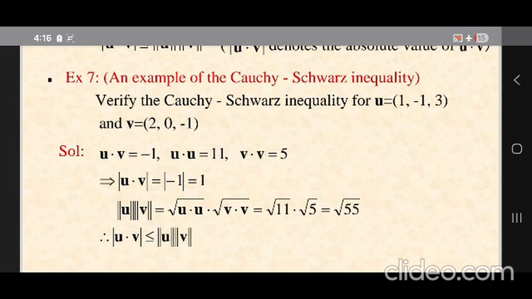Norm u is the root of u dot u, and norm v is the root of v dot v. Substituting the values, the answer is root 55. Then in the Cauchy-Schwarz inequality, the modulus of u dot v is 1, and norm u times norm v is root 55. Since 1 is less than or equal to root 55, the Cauchy-Schwarz inequality is verified.